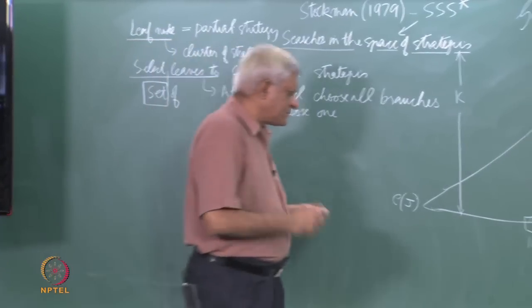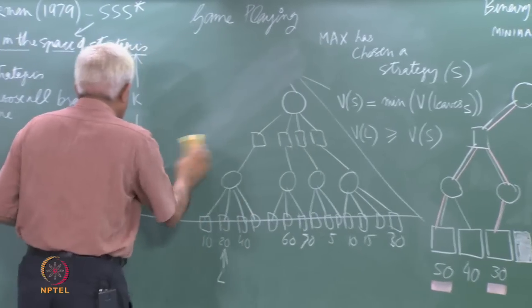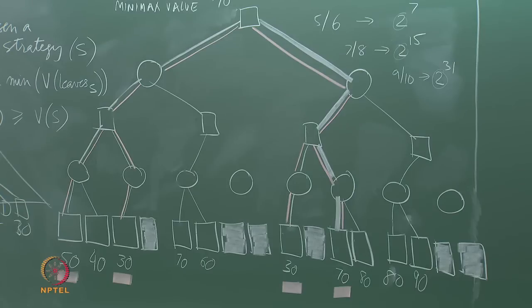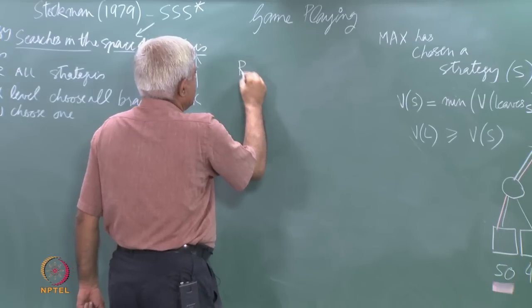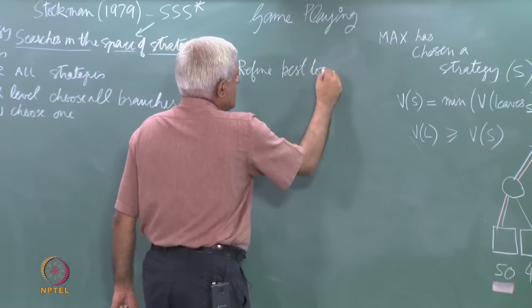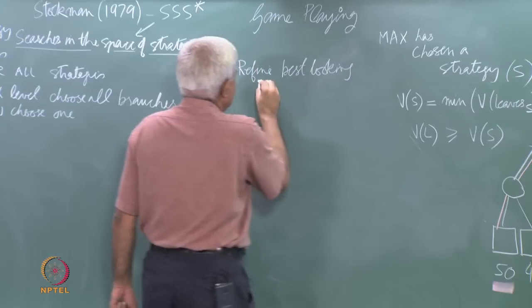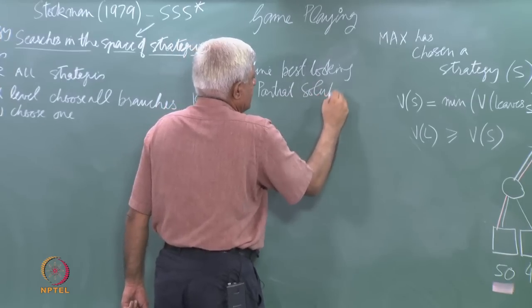Now, this is basically best first search. So, remember the best first algorithm that we had talked about, and when we also looked at the traveling salesman problem, the high level algorithm is that refine the best looking partial strategy, or partial solution in that case.